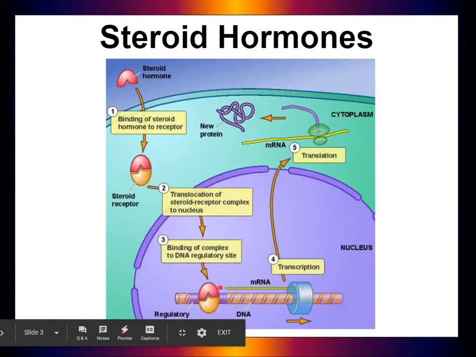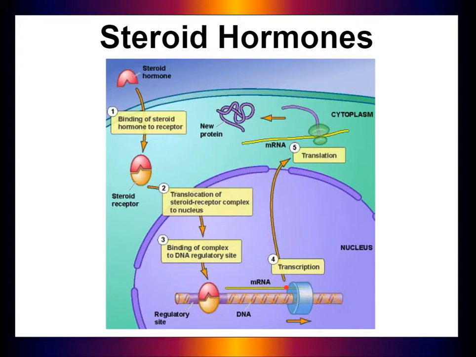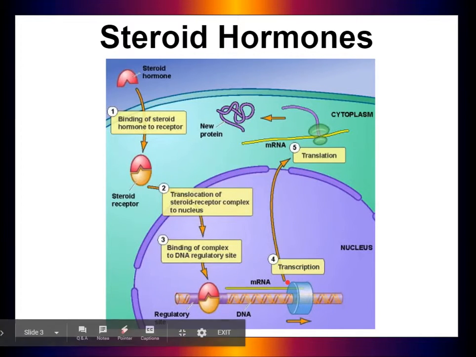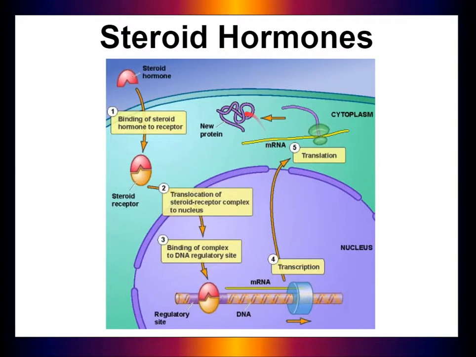And then that's going to cause mRNA to be transcribed, or in other cases, it might cause some mRNA to stop being transcribed. And then that new mRNA is going to leave the nucleus and be translated into a protein, which has an effect. So the steroid hormone coming has caused the production of a new protein, which is then going to do something.